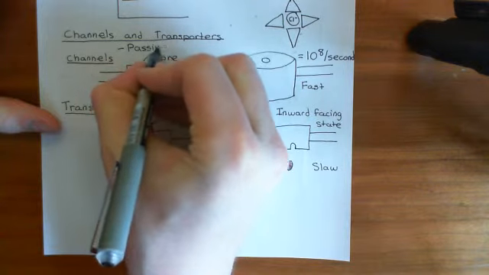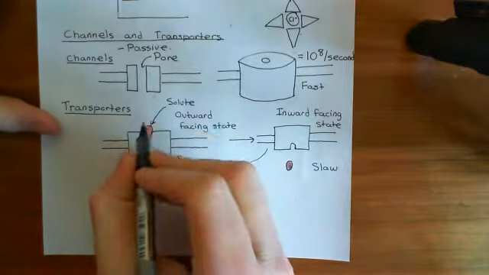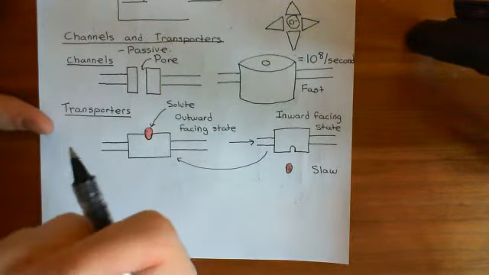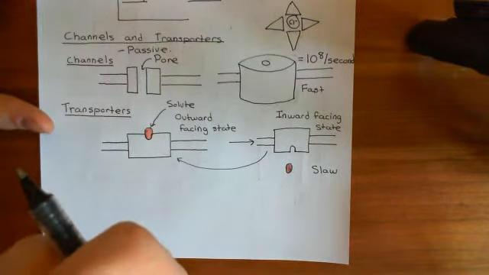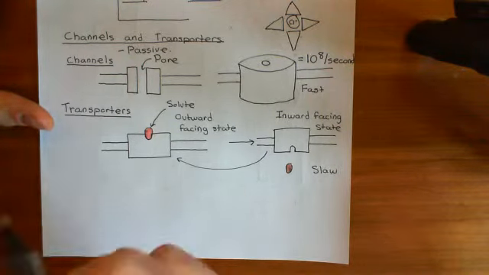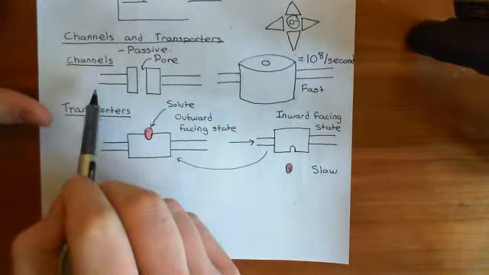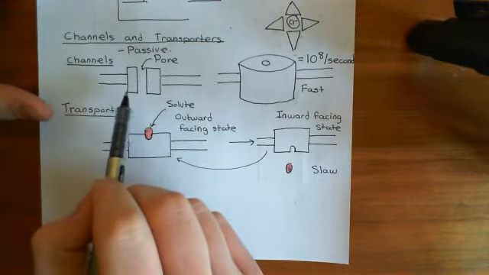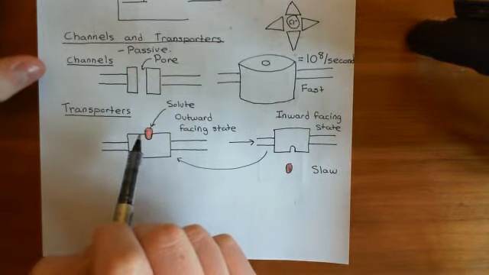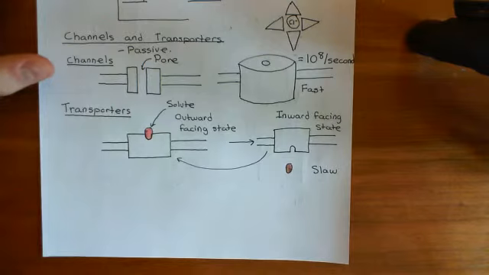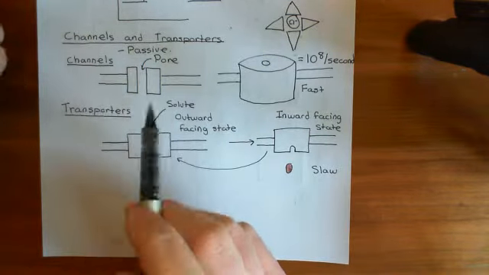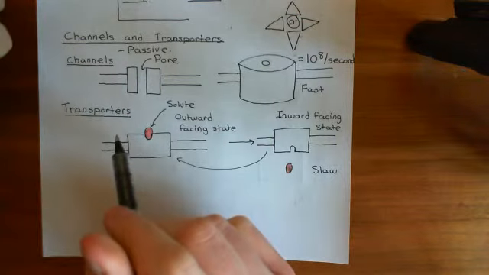All they do is allow solute molecules to move, and the direction of net movement will be toward the area of lower potential. So when solute molecules move through channels, they will always move from the area of high electrical potential to the area of low electrical potential. Sorry, not electrical potential, electrochemical potential. They'll always move from the area of high electrochemical potential to the area of low electrochemical potential.